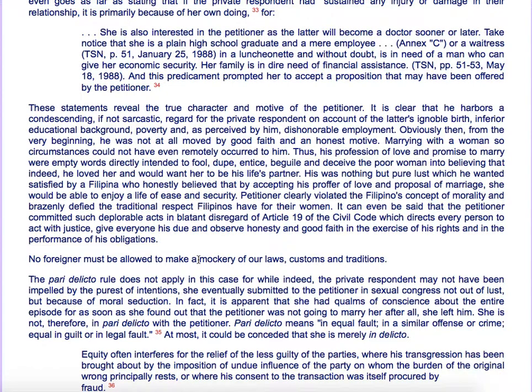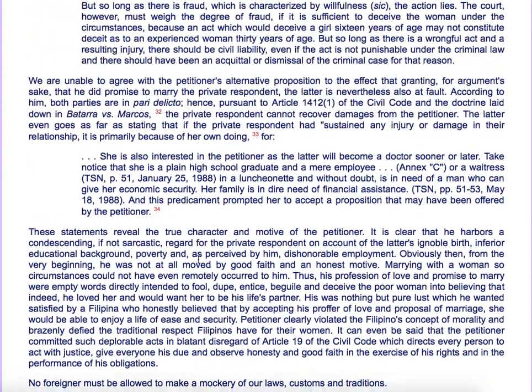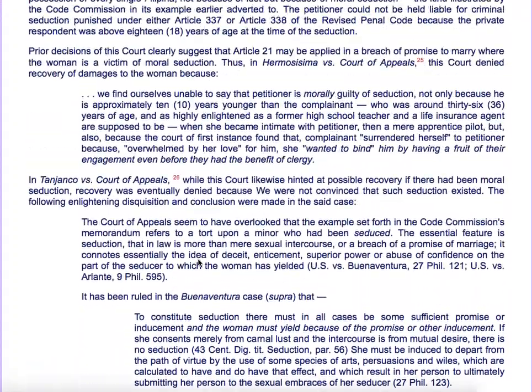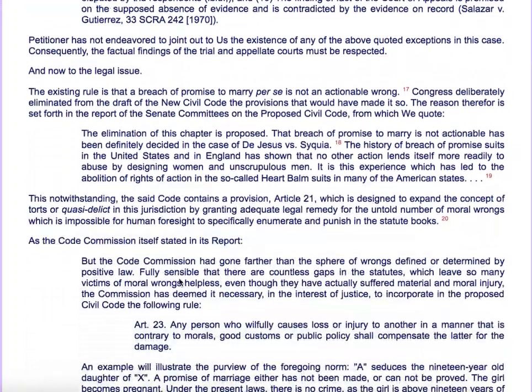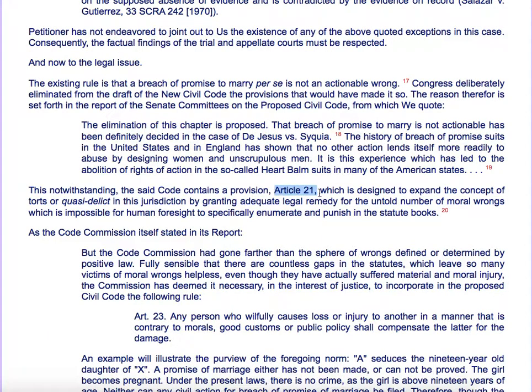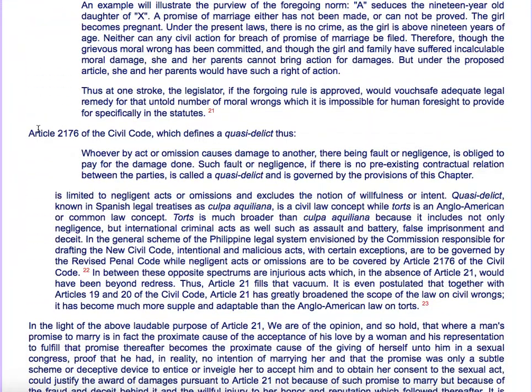So in these things, you put this at the reasoning part of your case studies, or the ratio decidendi. So good things to put there are, number one, provisions of law. Kung bakit na-deny or na-grant yung petition. So, magandang i-establish mo beforehand, you establish what is Article 21 of the Civil Code. Next is, of course, Article 2176.